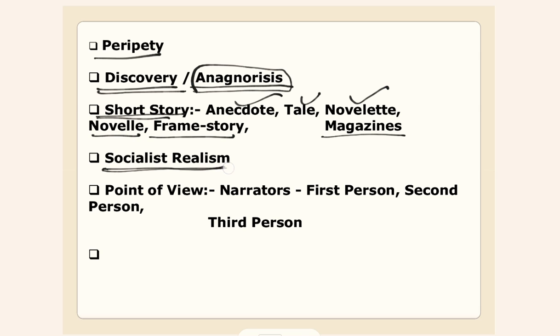Socialist realism. Next, point of view, especially narrators. We see here different types of narrator. First point of view narrator, second point of view narrator, third point of view narrators. We can see in the fiction there are different types of narrators.